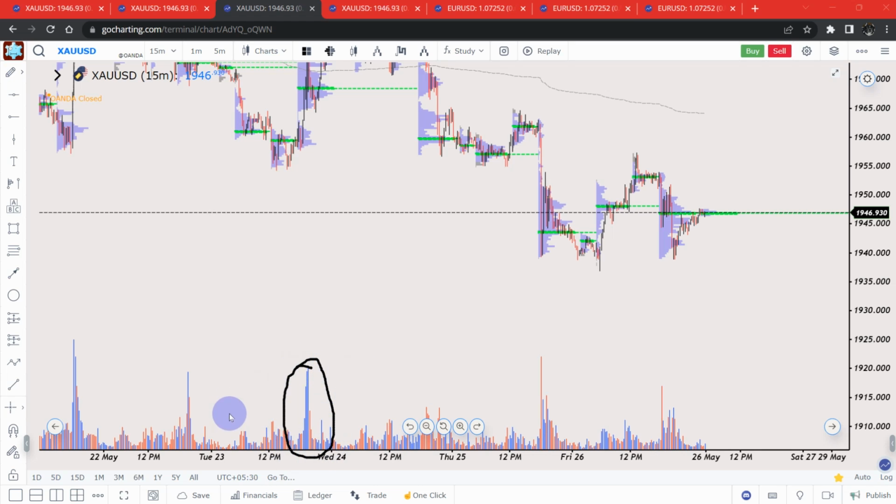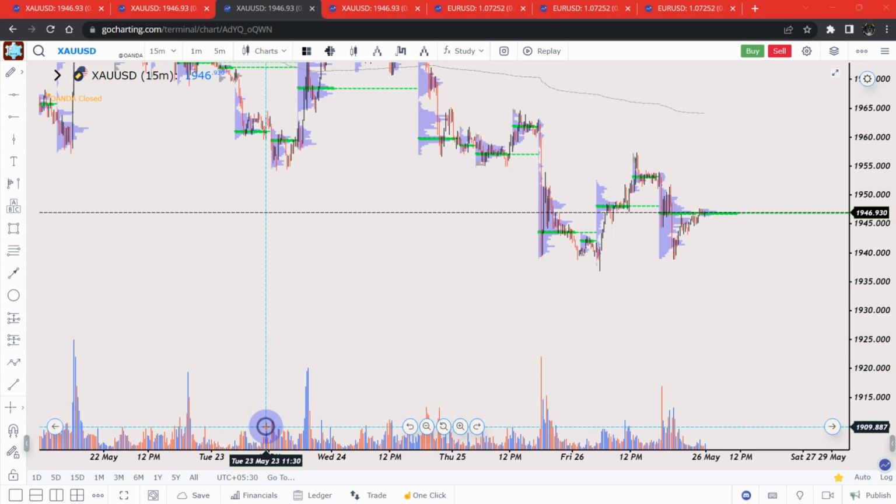What I have here is set in accordance with Indian Standard Time, that is IST. If we look over here, somewhere close to 1730 IST, 1730 to 1800 if I'm not wrong, is when the New York session starts, and just before that, somewhere close to 1230 is when the UK session starts.